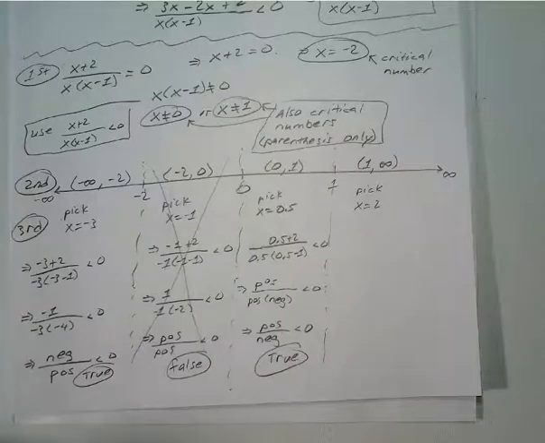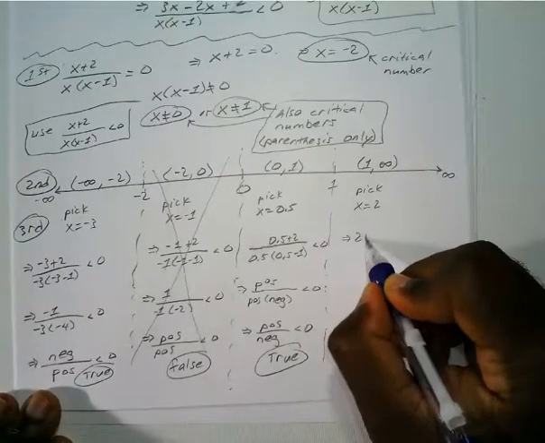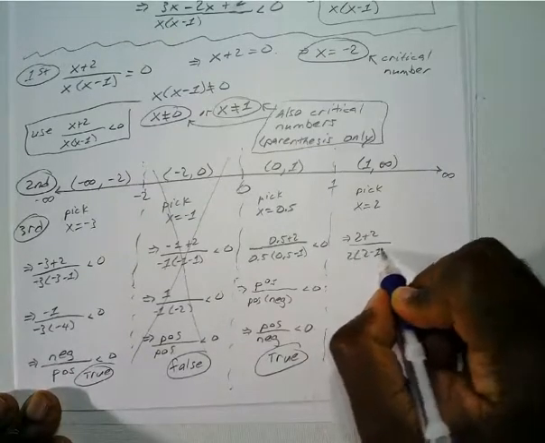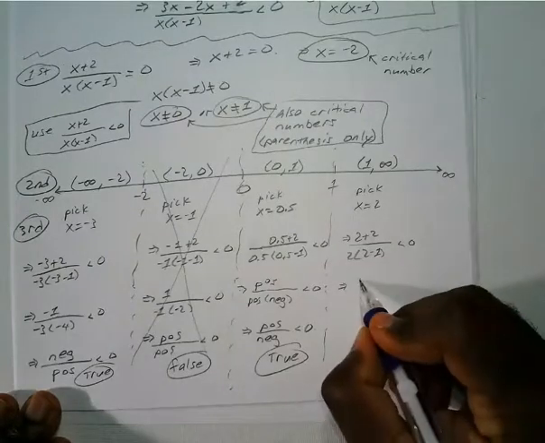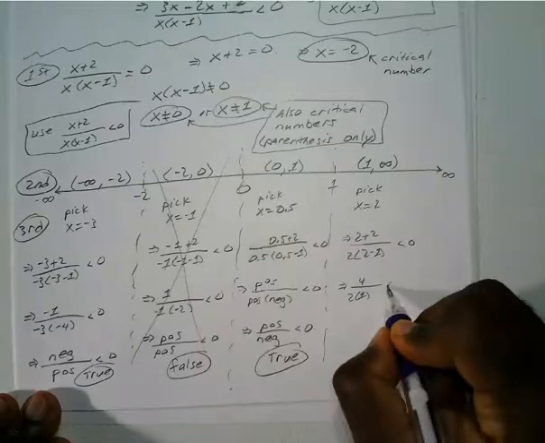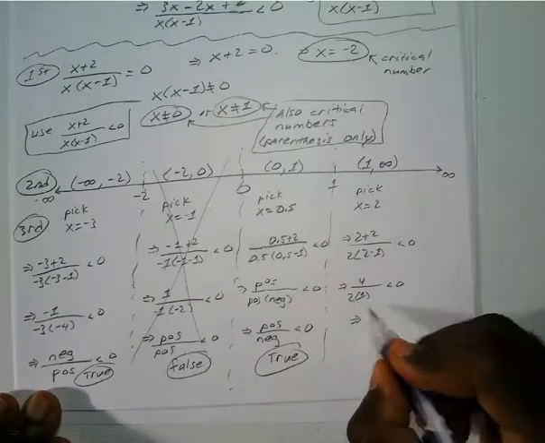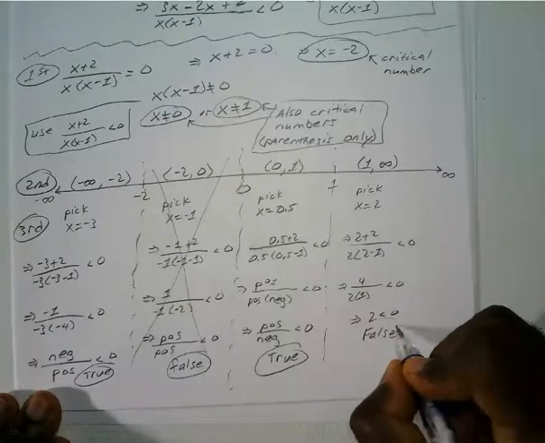All right, so we have our last one. We pick x equals 2. So that gives us 2 plus 2 over 2 times 2 minus 1 is less than 0. So that's 4 over 2 times 1 is less than 0. That's pretty quick, so we just know that 4 divided by 2 is 2. 2 is less than 0 is false.